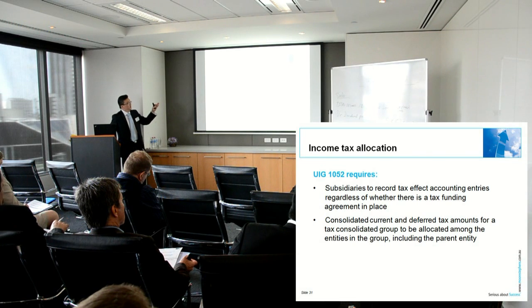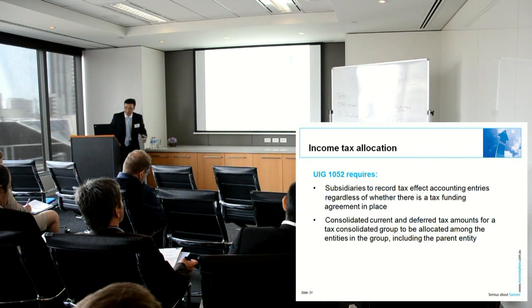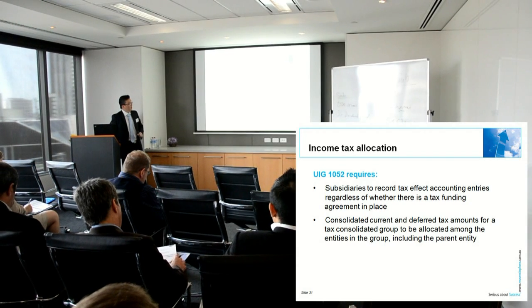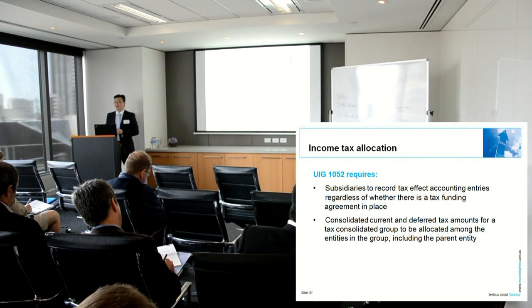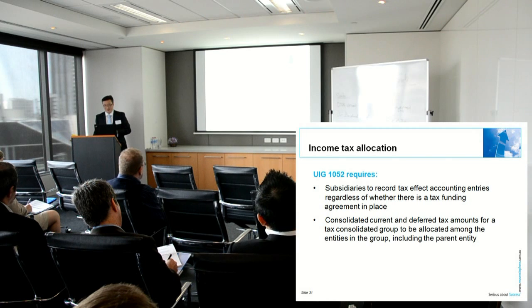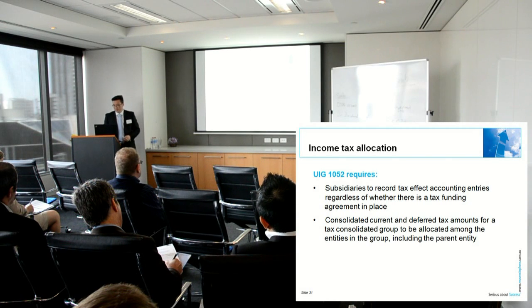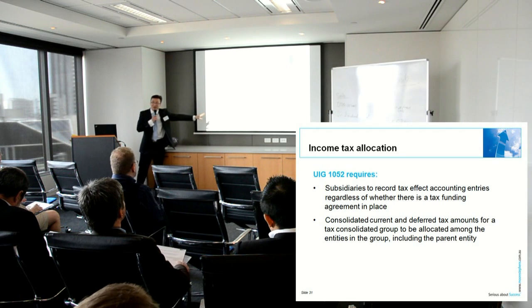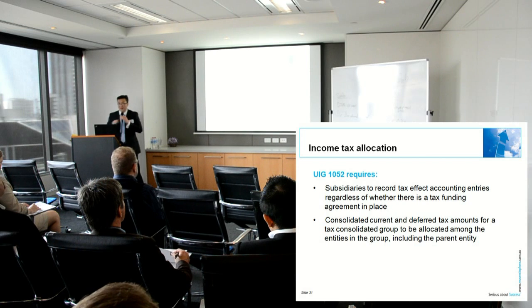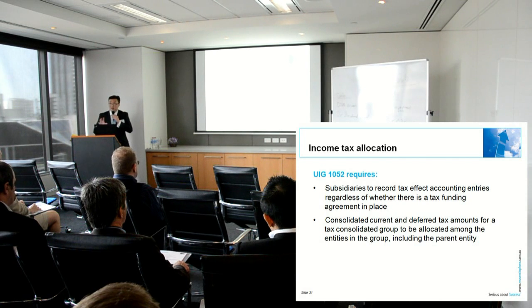The subsidiaries will need to, on a bottom-up basis, record their own tax effect accounting entries, regardless of whether or not you have a tax funding agreement in place. Record your own entry first. The second bullet point says that you need a bottom-up approach in calculating your taxes for the group.